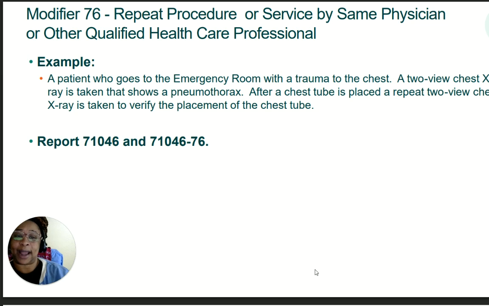Because they had to go back in to do a second x-ray to see about the placement. So because it was a repeat procedure, we're going to bill it twice. The second one we're going to append with the 76 modifier indicating repeat procedure.